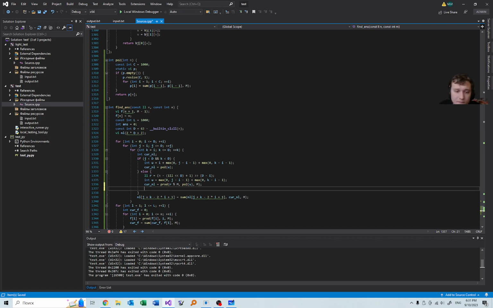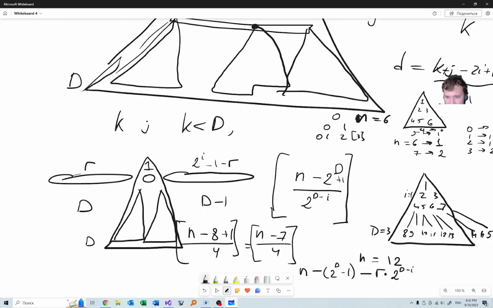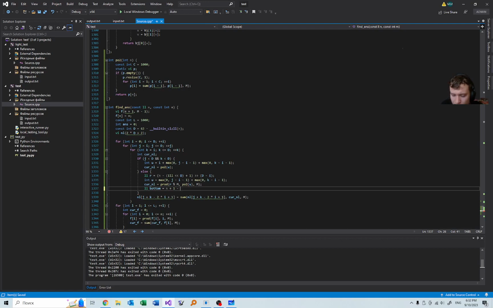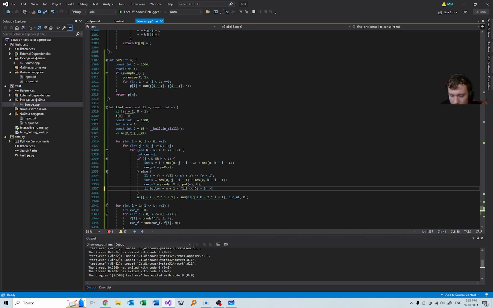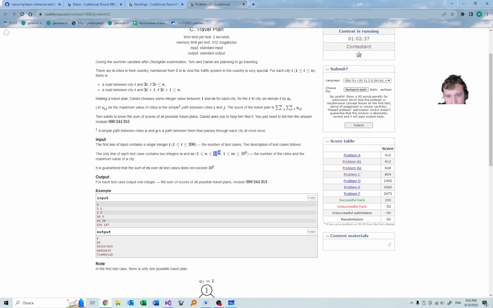So first of all, we need long bottom equals n plus 1, then we subtract 2 to the d, then we subtract r times 2 to d minus I. This is what we need to subtract.